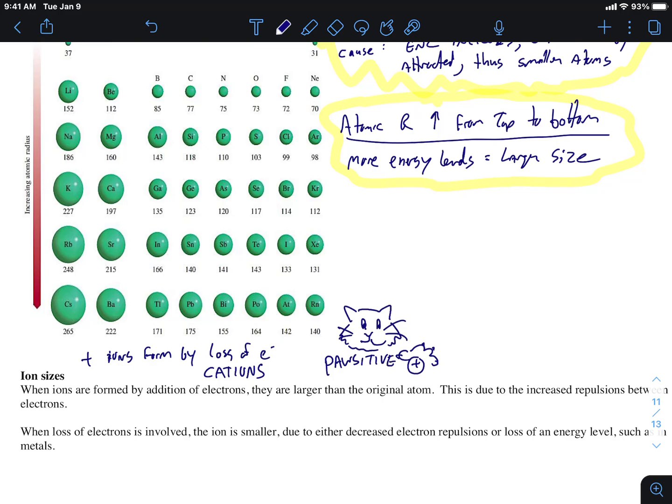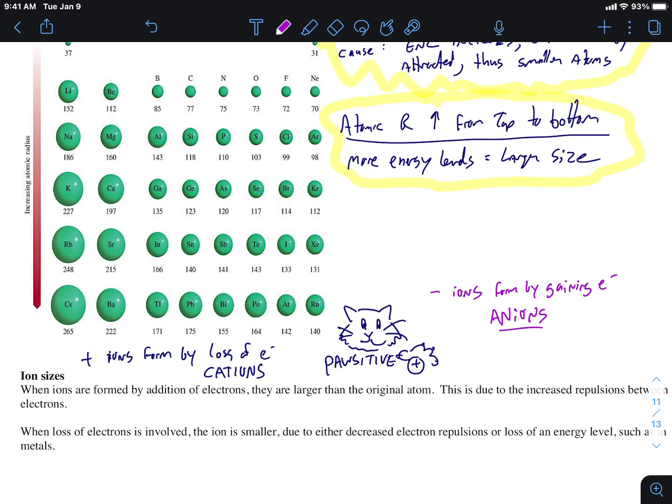So that's how you remember that a cation is positive. Okay? So we also have negative ions. Negative ions form by gaining electrons, and those are called anions. Anions are not as fun, but still, you need to be able to get the name straight.